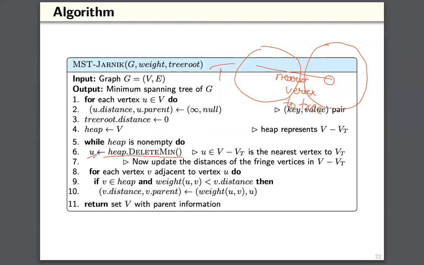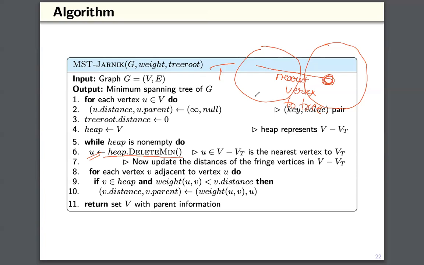So U is that nearest vertex to tree. Okay, once you got it, you want to pull this U inside the tree. And how do you do it? You want to pull it inside, and you want to update the distances also, right? Update the distances.